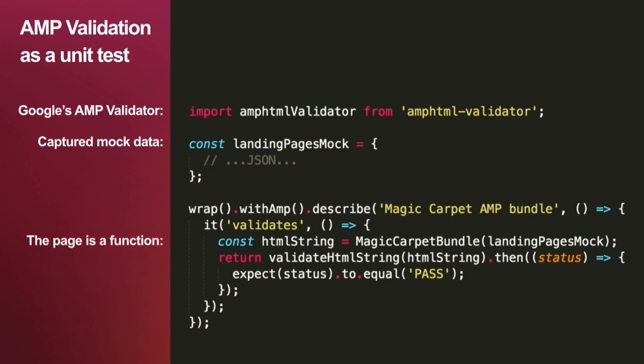Now, the cool thing about React is that your entire page is represented. It's just a single function, in this case, magic carpet bundle. And it just takes an argument, which is the data that you need to display in the page. So we can just treat the entire page as a unit in a unit test. So this is a really easy way to integrate validation into our continuous integration system.